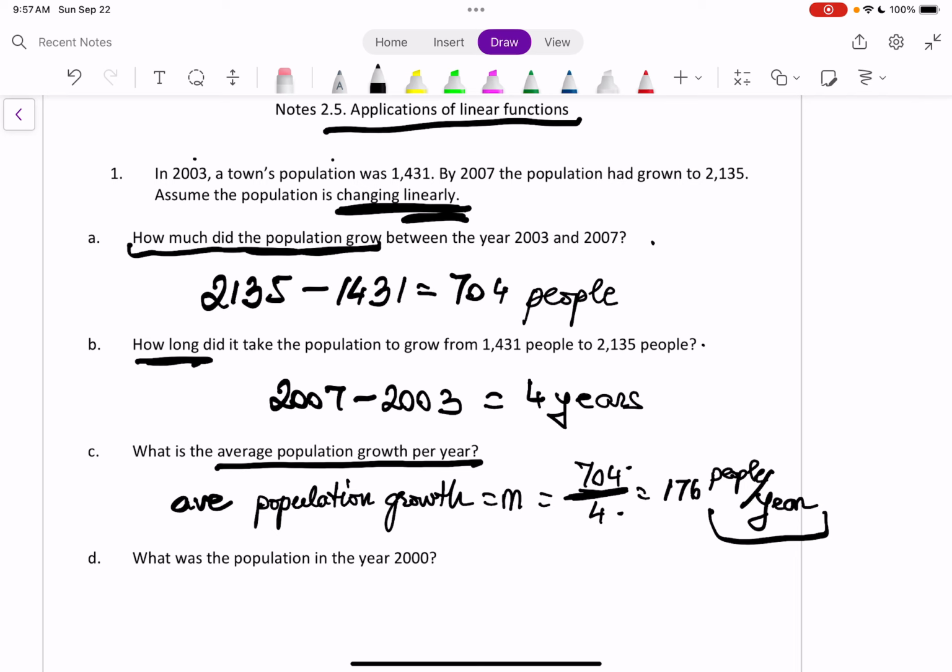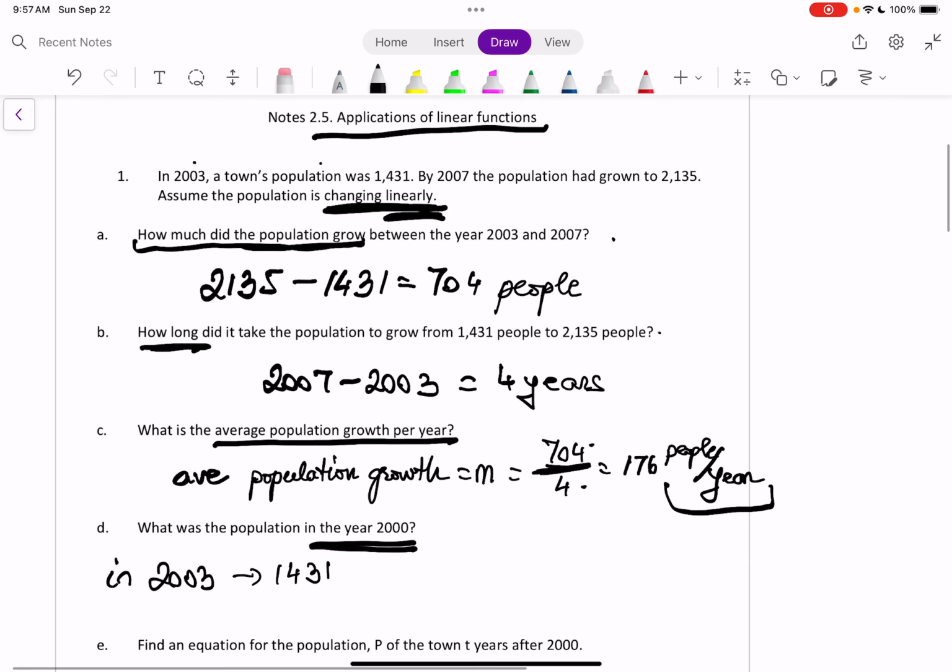What was the population in the year 2000? Okay, well, we already know that if in 2003 the population was 1,431, and we also know that every year the population's been adding 176 people. That simply means that in 2000, which is 3 years back, we have to count backwards from 1,431.